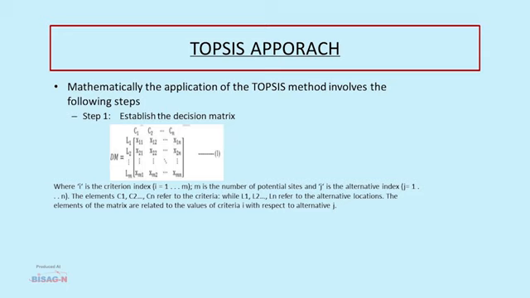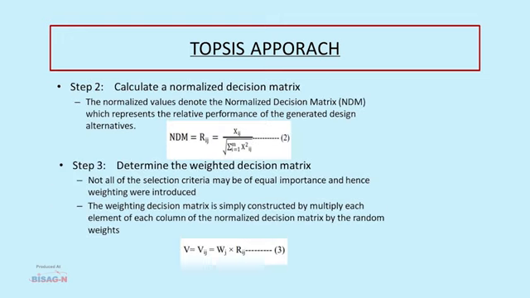Mathematically, the application of the Topsis method involves the following steps. Firstly, establishing a decision matrix in which the columns are the criteria on which we have to select the ideal solution, and the rows are the alternatives that we have for the same. Then calculation of the normalized decision matrix, which represents the relative performance of the generated design alternatives.